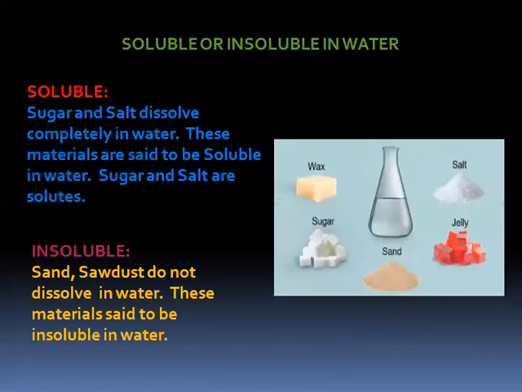Now, soluble or insoluble in water. Sugar and salt dissolve completely in water. You can see sugar crystals here and salt. These materials are said to be soluble in water. They dissolve completely. That's why they are called soluble in water. Sugar and salt are called solutes, children.